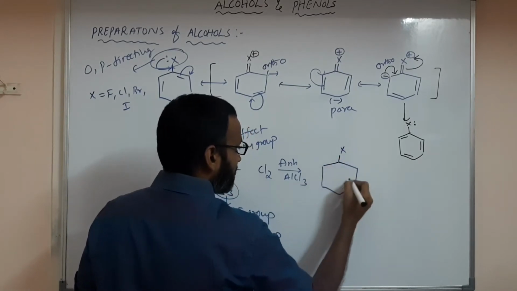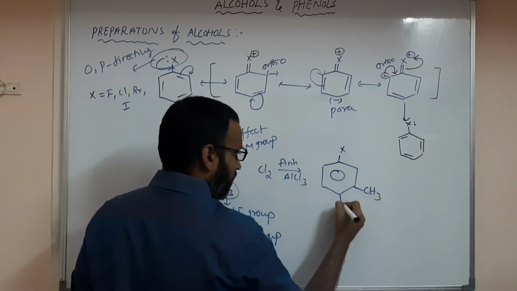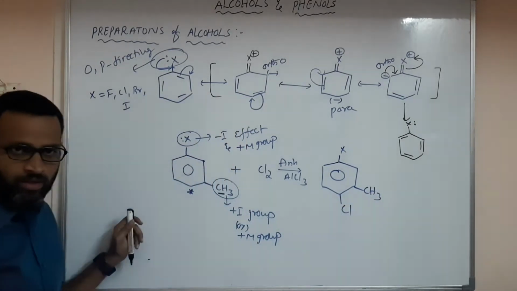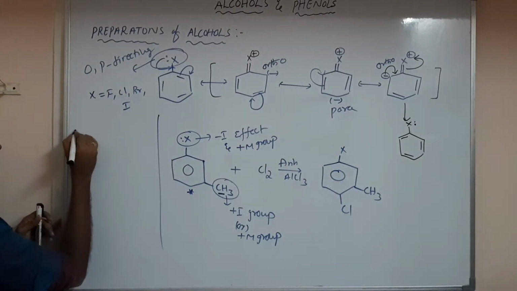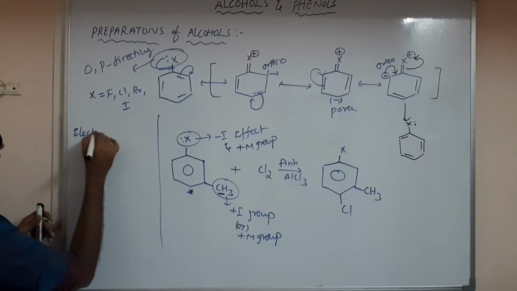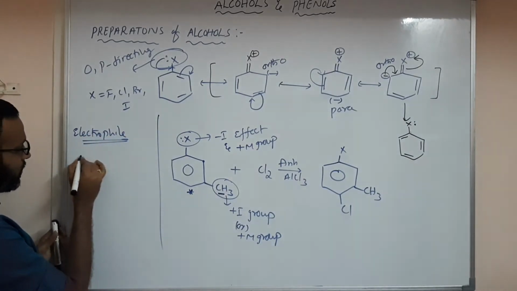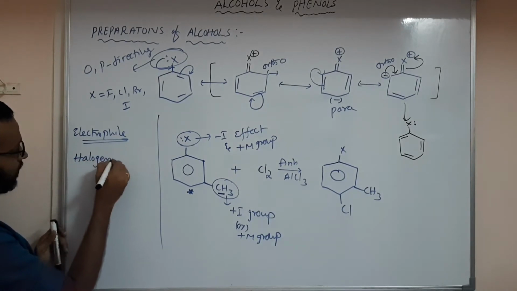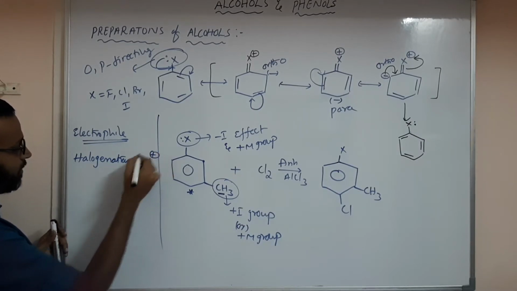Electrophilic substitution reactions take place at ortho and para. Here chlorine will come. Do you know who the electrophiles are? If you don't know that, I cannot do anything. Everybody must know the electrophiles. In halogenation, the electrophile is X plus. Remember.